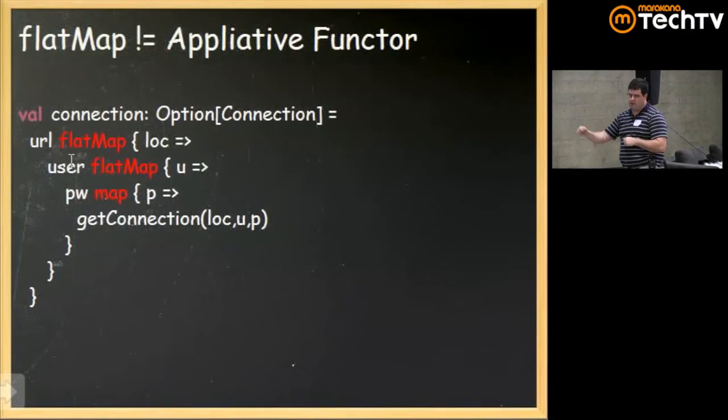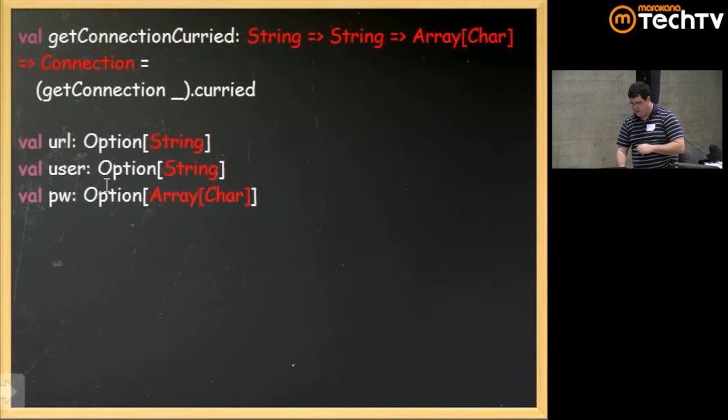FlatMap will not let me do that, because I have to extract the results of running the tests first before I can run the function that will extract the results of running my integration tests. So I can't do the two things in parallel. They have to be sequential. You have to get the result of the one before you can run the other. So for expressions and FlatMap are sequential type operations.